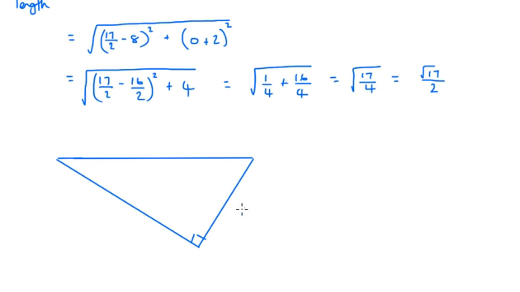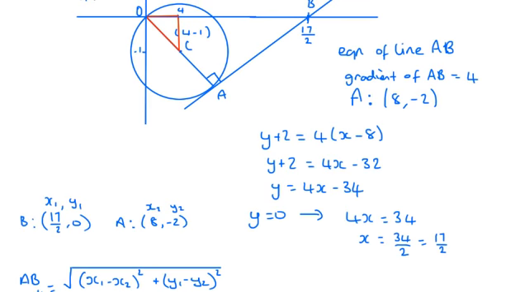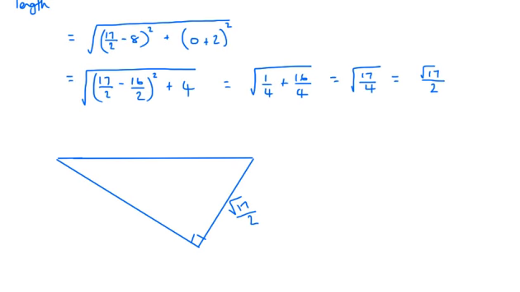We now know that this length is root 17 over 2, and we knew that that length was 2 root 17 because it was the diameter of the circle and the radius of the circle was root 17. So now, and you can see hopefully this is how they set the question up, because when we times these together and divide by 2 to get the area, the root 17s are going to multiply together to give us a rational answer.